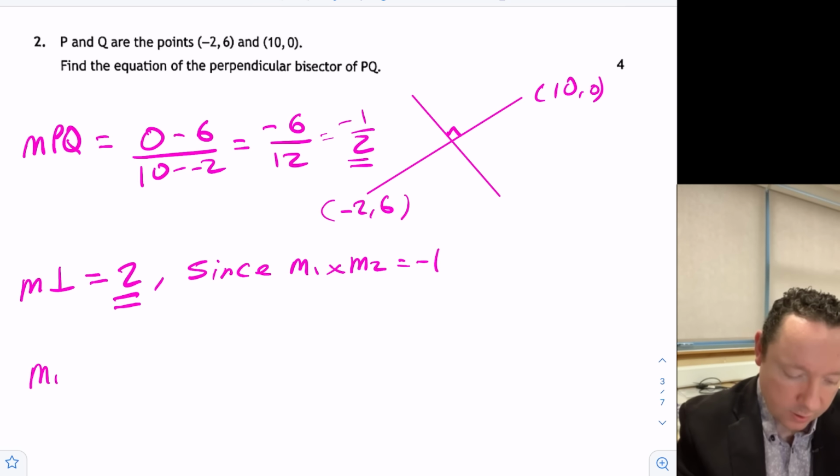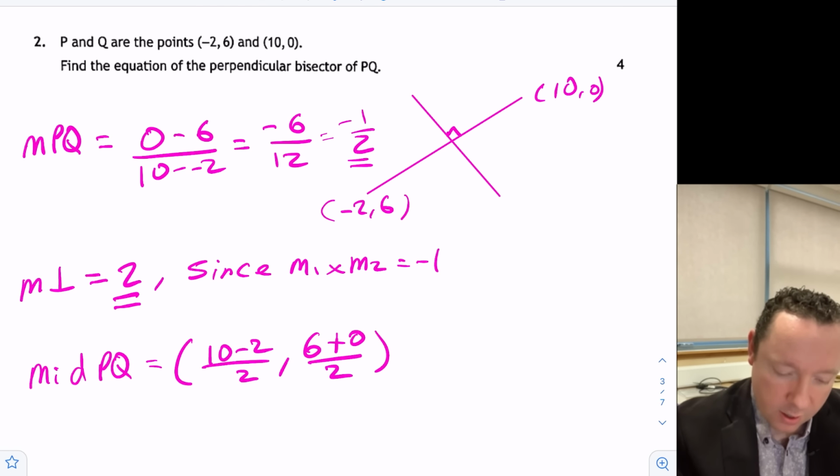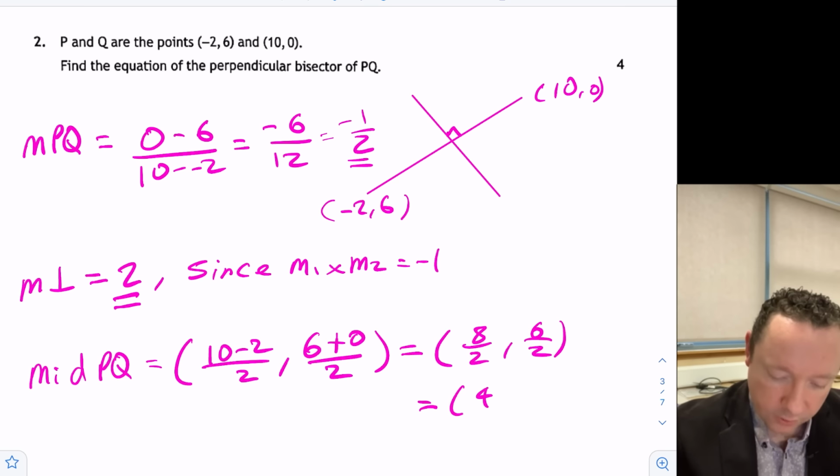So the midpoint of PQ, we add the x's, so we've got 10 minus 2 divided by 2, and the y's, 6 plus 0 divided by 2. That gives us 8 over 2 and 6 over 2, which is equal to 4 and 3.